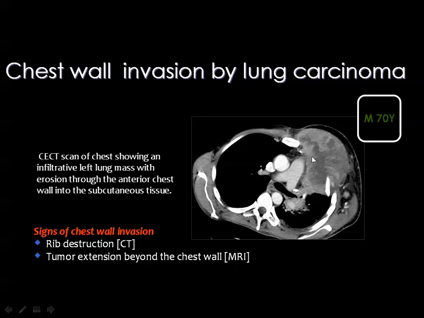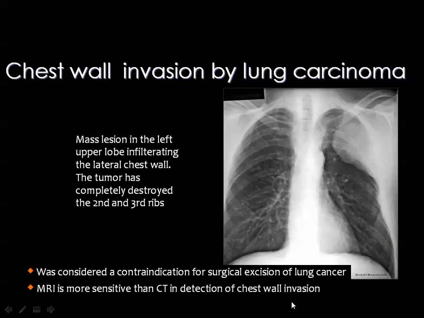And you see here, this is the tumor, and there is marked tumor extension invading the chest wall. Then you remember that the invasion of the chest wall by bronchogenic carcinoma was previously a contraindication for surgery, but now it is not, since you can remove the tumor as well as the invaded chest wall en bloc as a single mass.